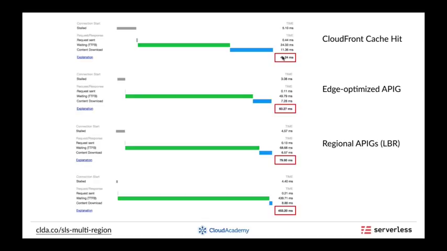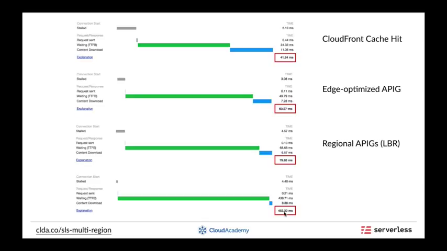The latency is twice as much, and it is slightly slower than the edge-optimized API. Of course, this really depends on how close or how far you are from the edge location and from the region that you are reading or writing from. This is the data I got.